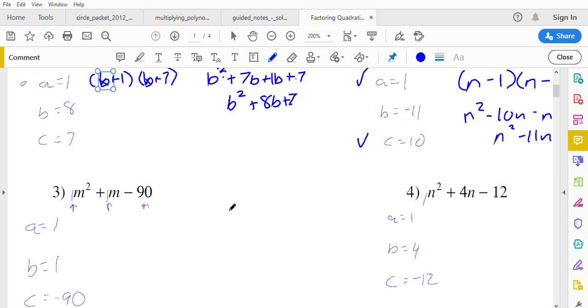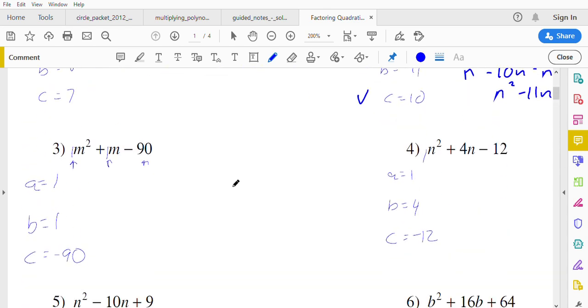Okay. So number 3, we checked, is A equal 1? Yes. What are my factors of negative 90? Oh boy. When you get a big number like negative 90, your best bet is to start small. 1 times 90. We'll worry about the negative later. 2 times 45. 3 times 30.